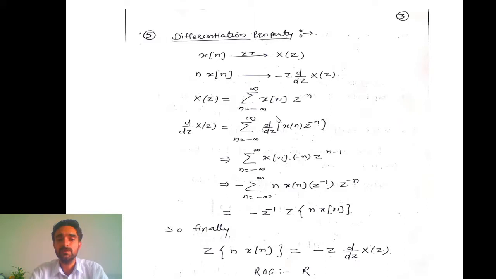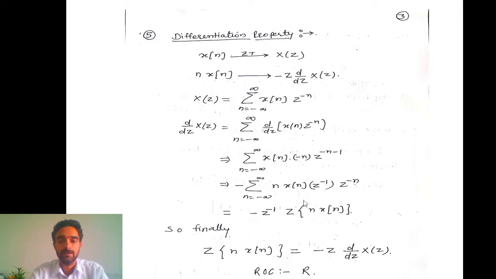So x of z is equal to the summation from minus infinity to infinity of x of n z to the power minus n. Differentiate both sides, d by dz of x of z, d by dz of this one. Then the differentiation of z to the power minus n is equal to minus n z to the power minus n minus 1. That gives z to the power minus 1, x of n, and multiplied by n.